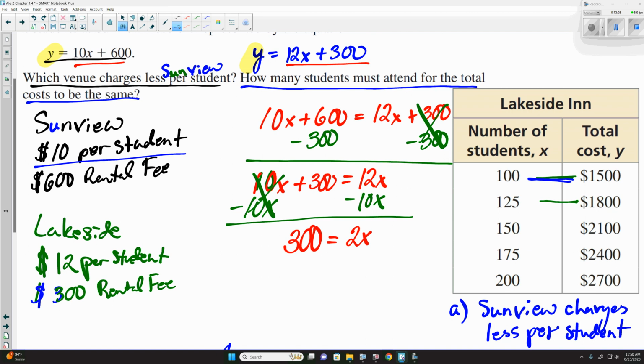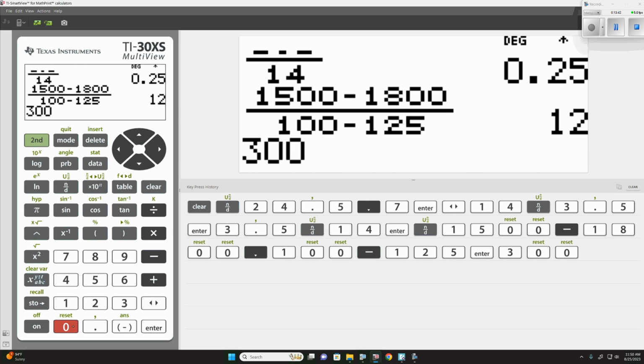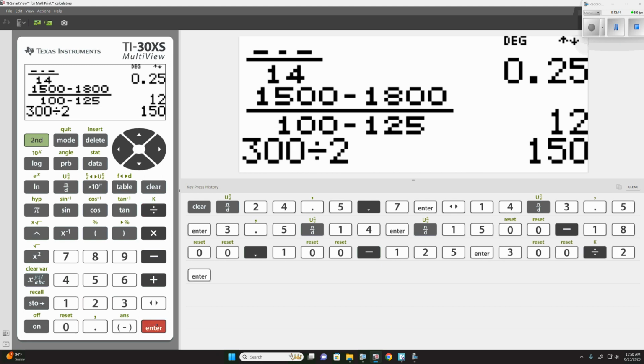And at this point we would do what? Guys, up here. We would divide both sides by 2, so we're going to divide 300 by 2. 300 divided by 2 is 150.